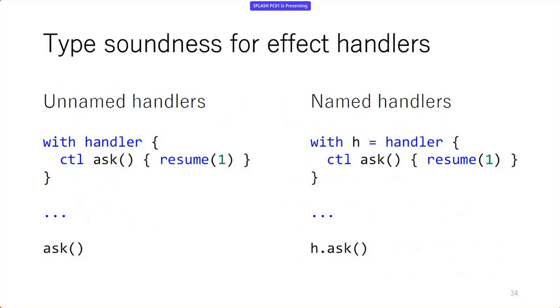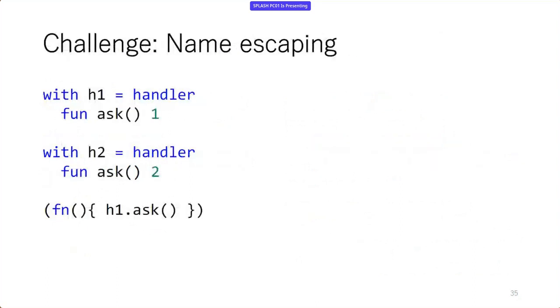However, this invariant can easily be broken. As an example, let's consider the program here. The program installs two named handlers for the reader effect and creates a function that performs the ask operation on the name h1.